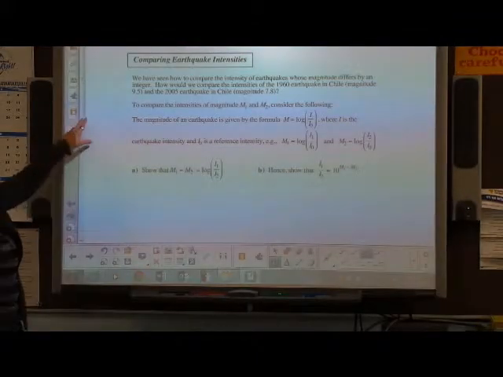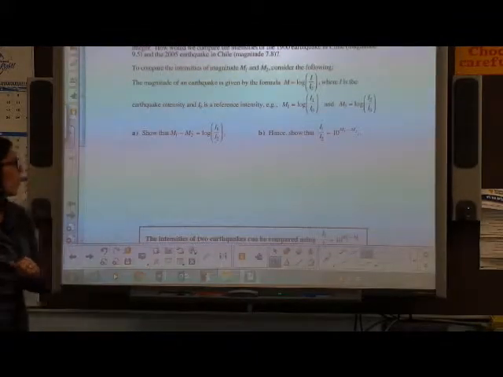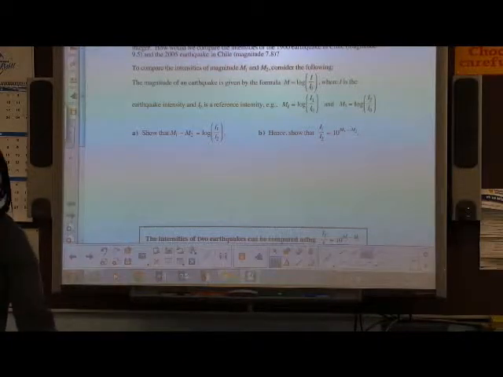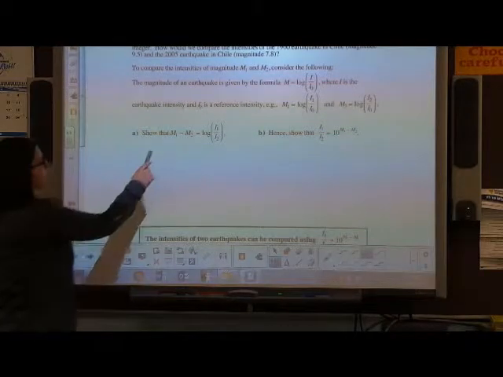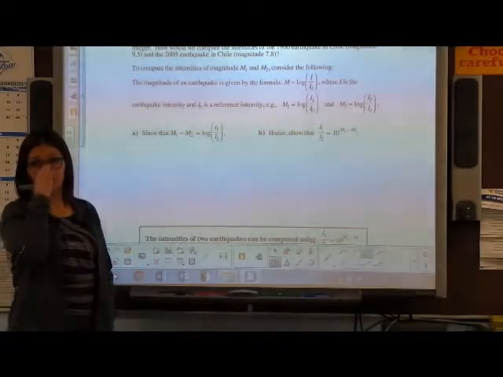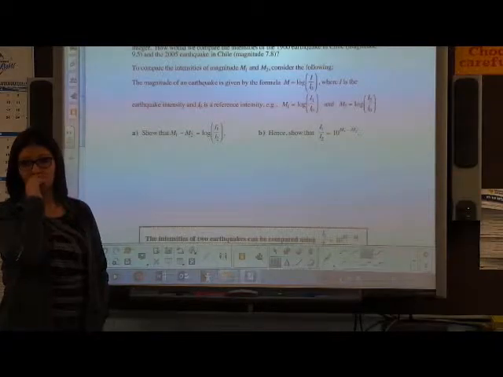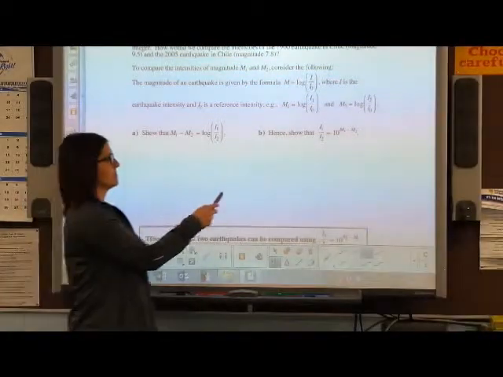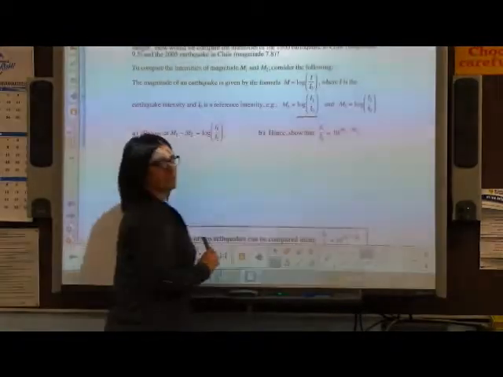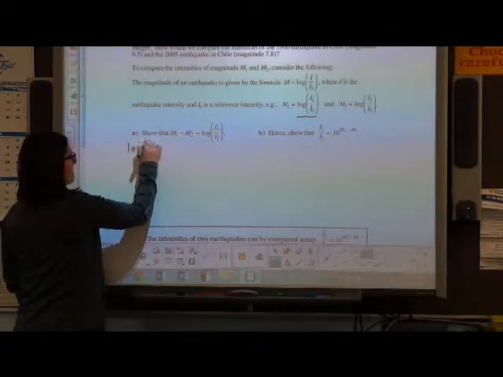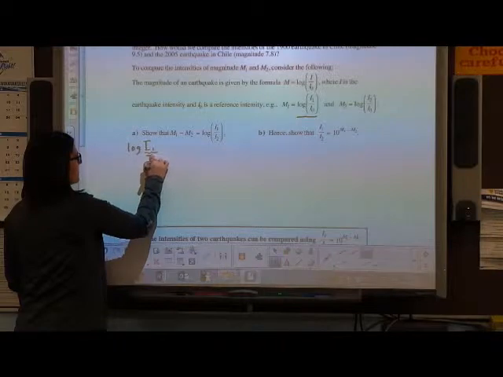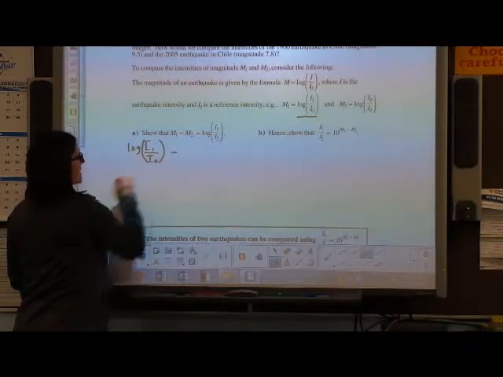First of all, it says show that M1 minus M2 is equal to the log of I1 over I2. So what is M1? Log of I1 over I0, like that. And what is M2?